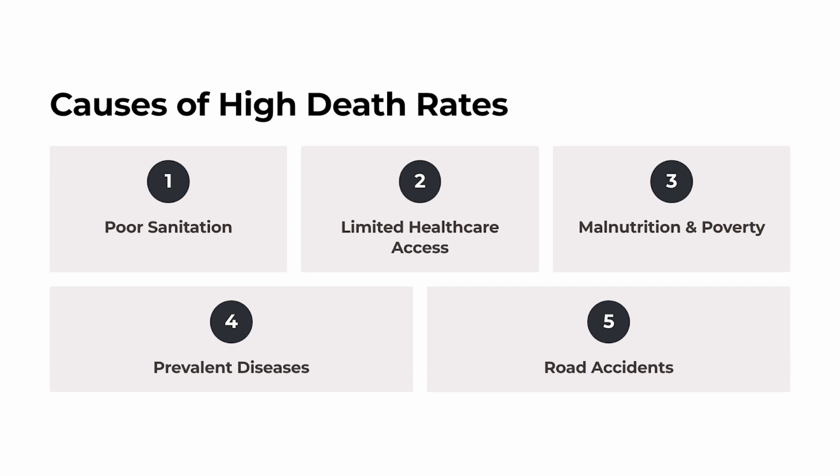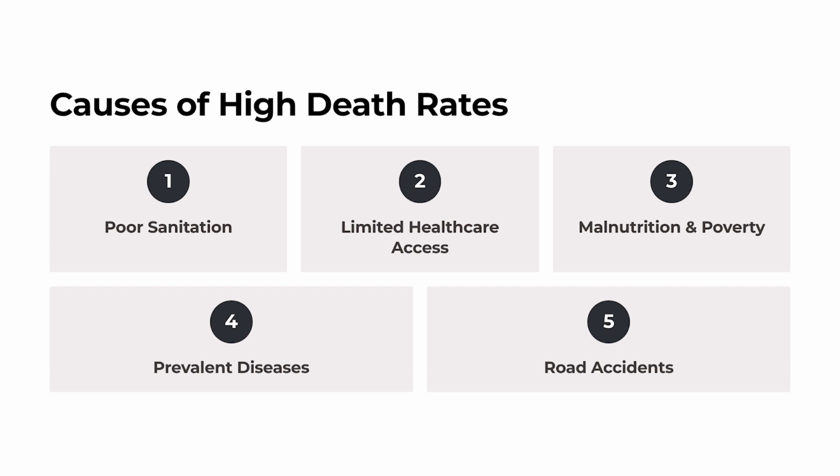Third, malnutrition and poverty. When families can't afford enough food or proper nutrition, their bodies become weak and more likely to get sick. Poverty also limits access to healthcare and clean living conditions. Fourth, prevalent diseases.